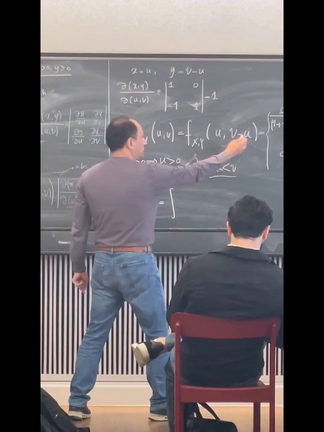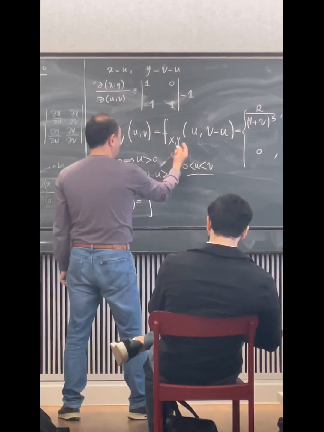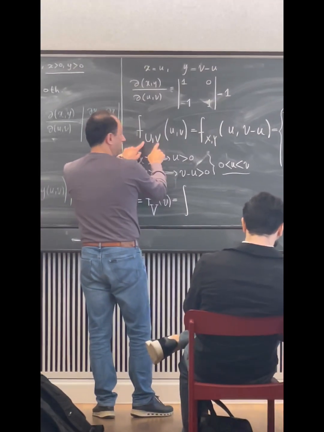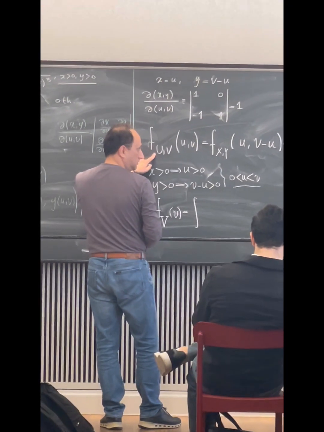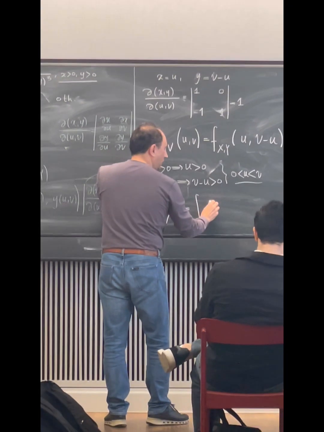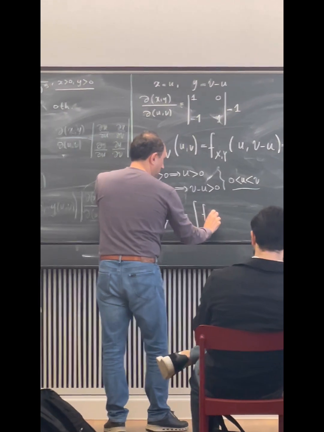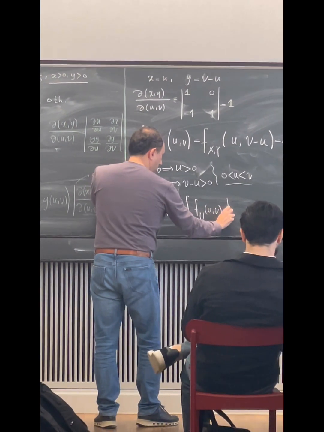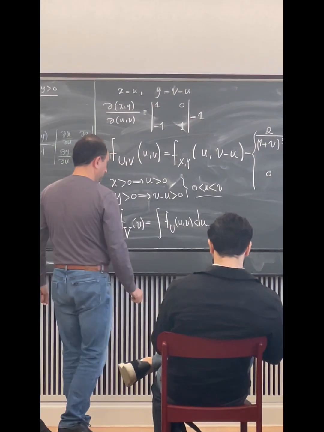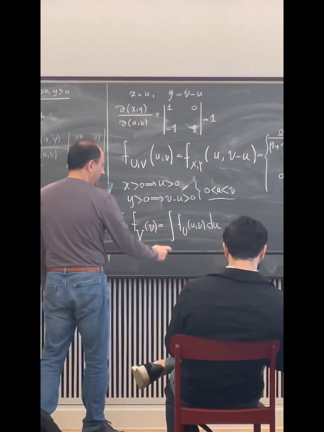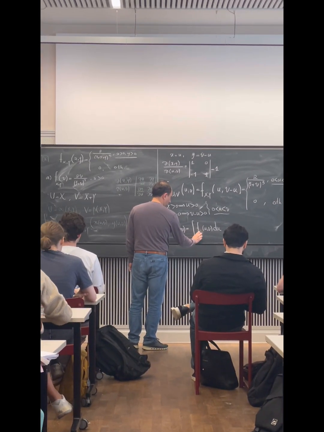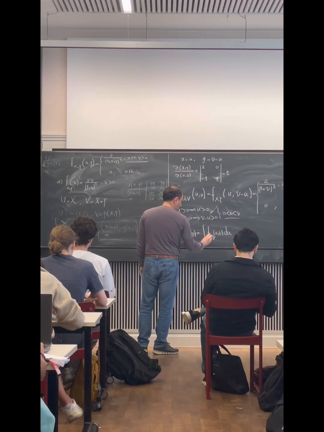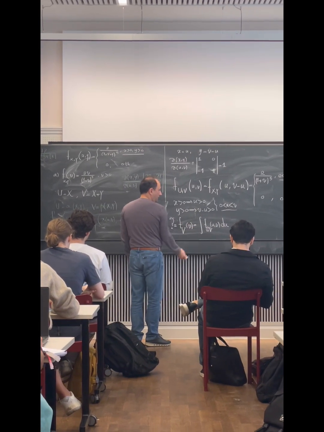So this is my probability distribution for x and y. For u and v, I have to integrate it over u variable. Okay. So this means that let me write it here for you. I need to integrate it over u variable. Okay, what are the limits now?